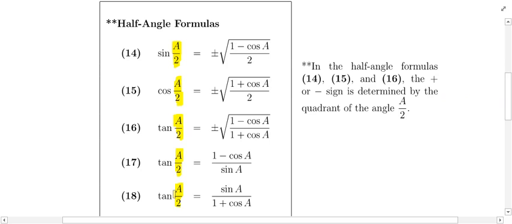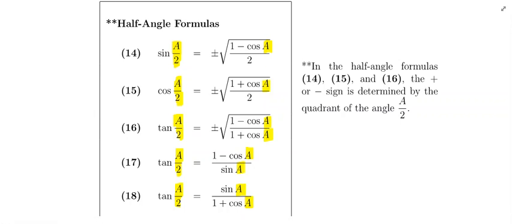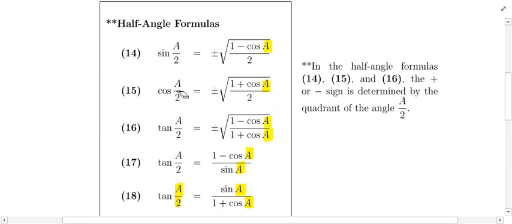And to get that trigonometric function, you're having to plug into the formula on the right hand side. And on the right side, these expressions only involve the angle A. So the stuff on the left has the angle A over 2, and the stuff on the right has just the angle A. I am going to read through these.